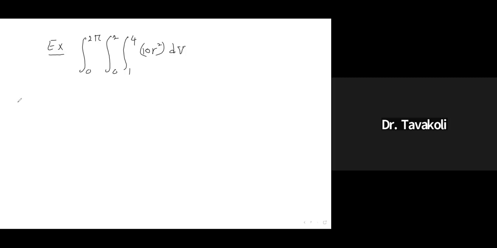Okay, first of all, let's remind ourselves that in these coordinates, what is dV? dV is r dz dr d theta.